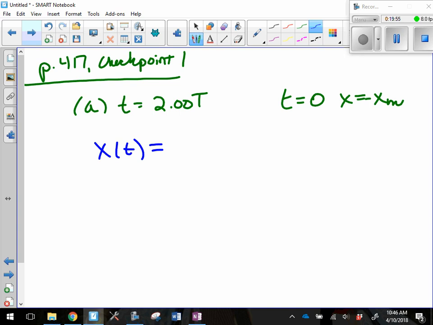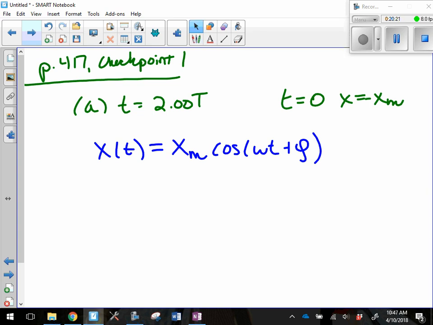So we have this great formula for the position of a simple harmonic oscillator, which says x of t is equal to xm times cosine of omega t plus phi. There's no reason to assume that this is a nice, simple case where phi is going to be equal to 0. But like we talked about with our demonstration here, the phi shifts the cosine function along.